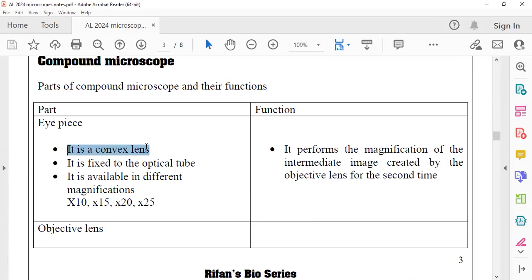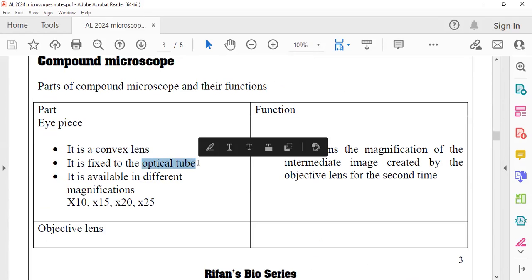Eyepiece. Eyepiece is what kind of lens? Convex lens. It is fixed to which part? Optical tube. The upper part is called the optical tube. This portion is called the body tube.